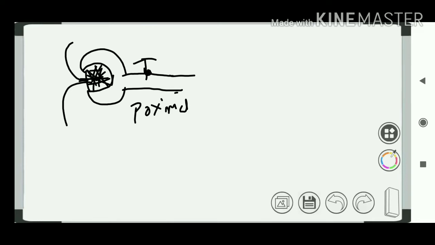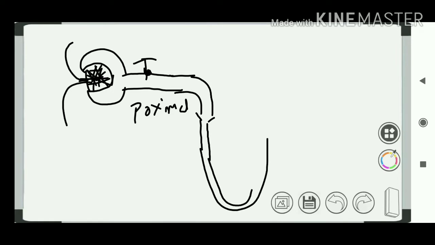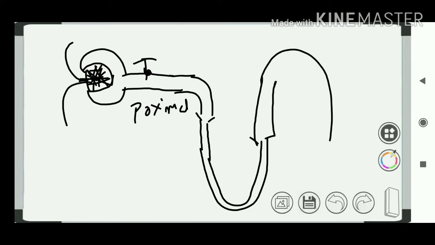Let's draw the entire nephron. From the proximal tubule we are going to see the loop of Henle. This loop of Henle gives the distal convoluted tubule, and from the distal convoluted tubule, finally we see the collecting tubule.